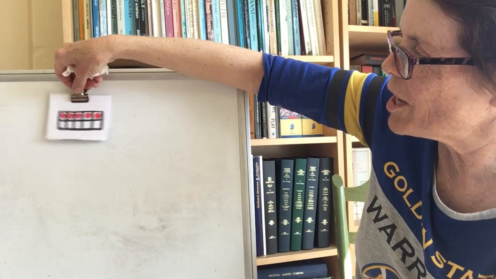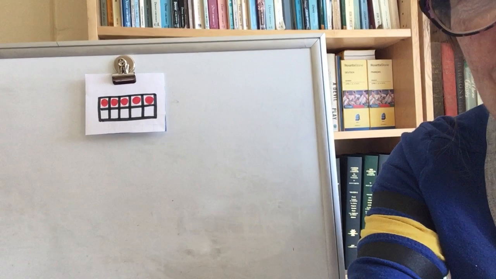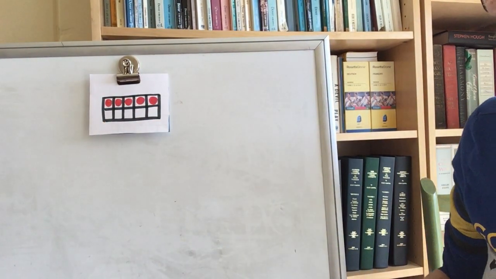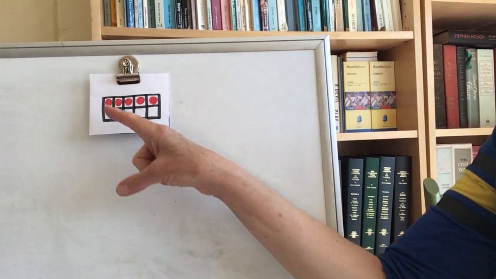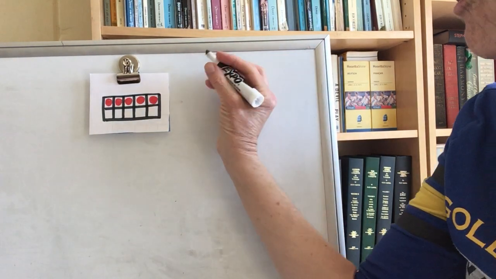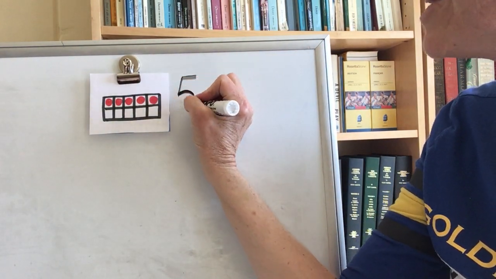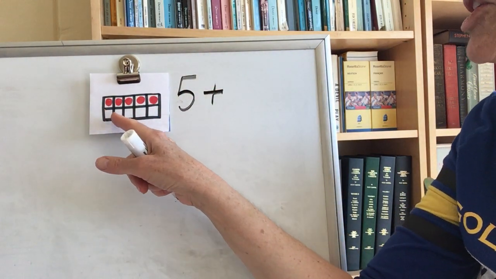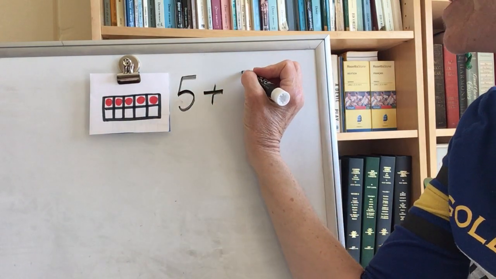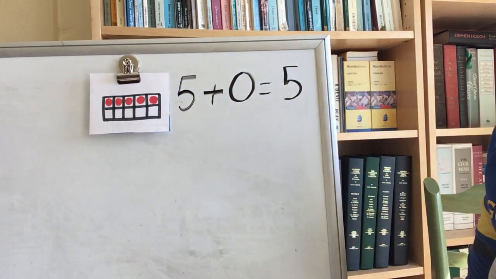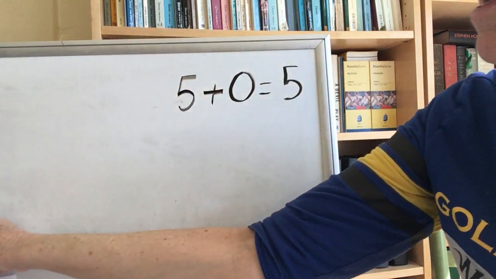So I put some red dots in this frame here, and you can help me write a number sentence for this. Okay, so ways to make 5. Let's count these red dots. 1, 2, 3, 4, 5. Okay, so there's 5 red dots. How many empty squares are there? 1, 2, 3, 4, 5. So 5 plus 0 equals 5. Cool. What's another way we can make 5?